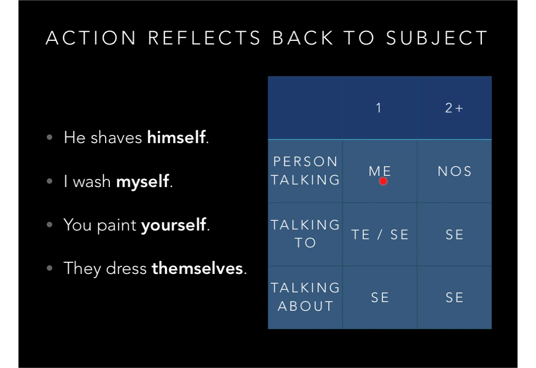So myself would be me. Ourselves would be nos. The tú form, yourself, the informal, would be te. The usted form, the formal of yourself, would be se. The plural, yourselves, you guys' selves, would be se. Himself, se. Herself, se.